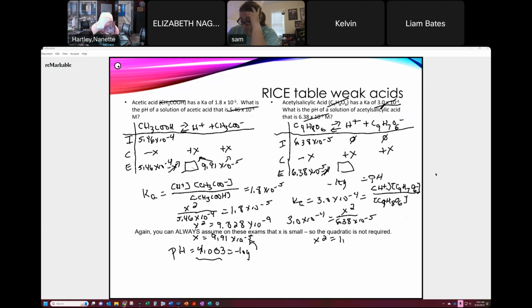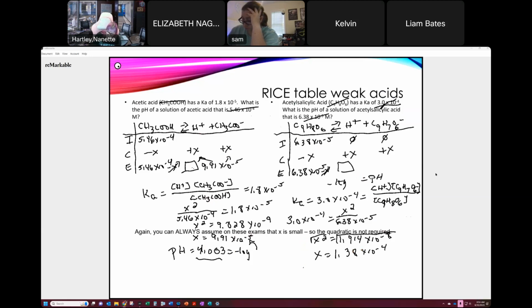That gives me 1.914 times 10 to the negative 8. That's what my calculator says. I then take the square root of both sides, get x alone. And that gives me 1.38 times 10 to the minus fourth, to 3 sig figs because I started with 3 sig figs. So that's my value for x.